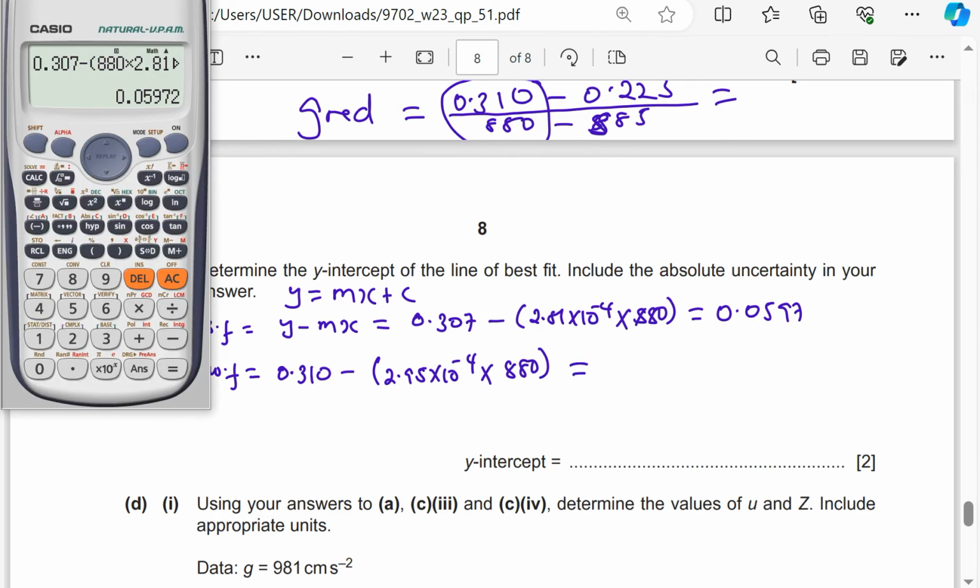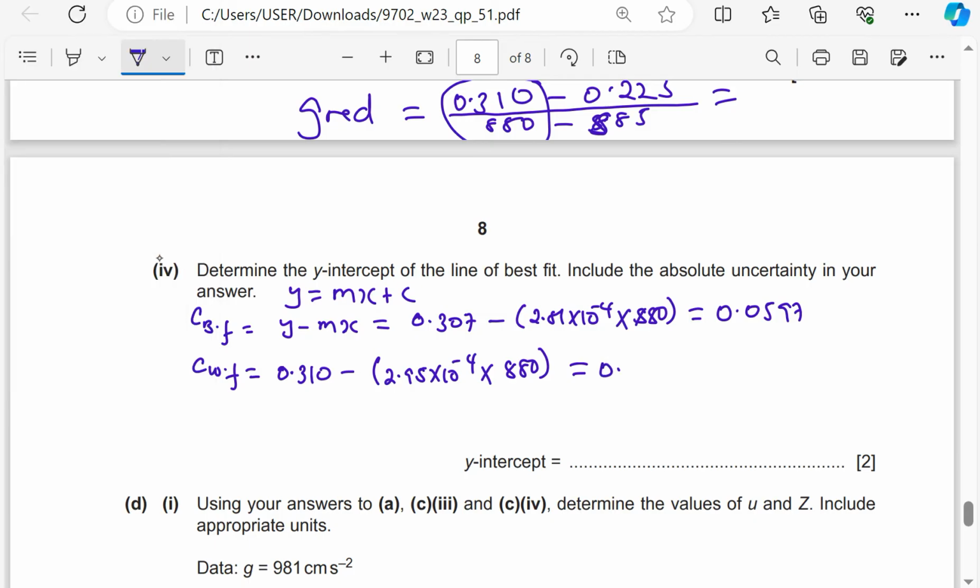I'll start with the bracket 880 times 2.95 exponent minus 4. Then I say 0.310 minus the answer. So this is 0.0504.